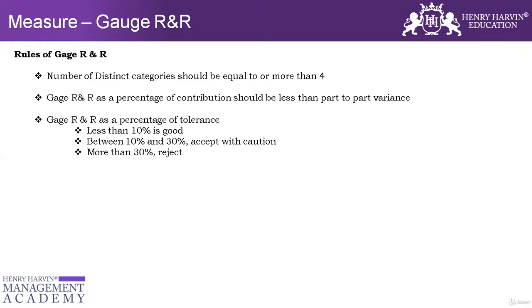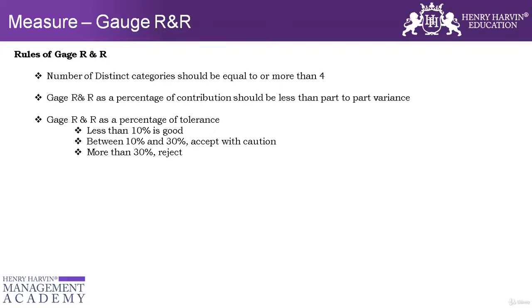The equipment which I'm using to measure should be able to calculate at 4 different levels, which means it can divide into 4 different categories. For example, my equipment would be able to give me readings for meters, centimeters, inches. So it should at least be able to get into 4 different levels.